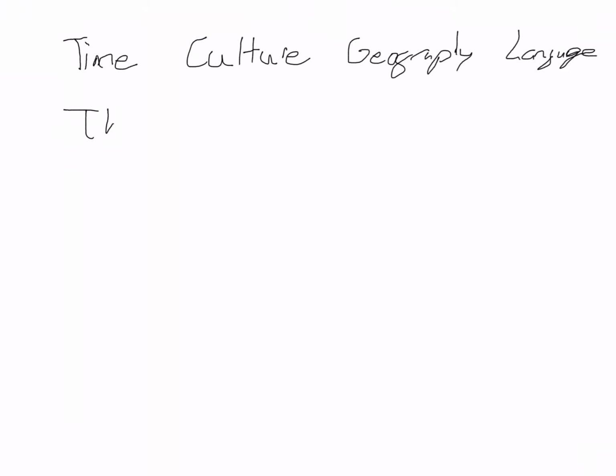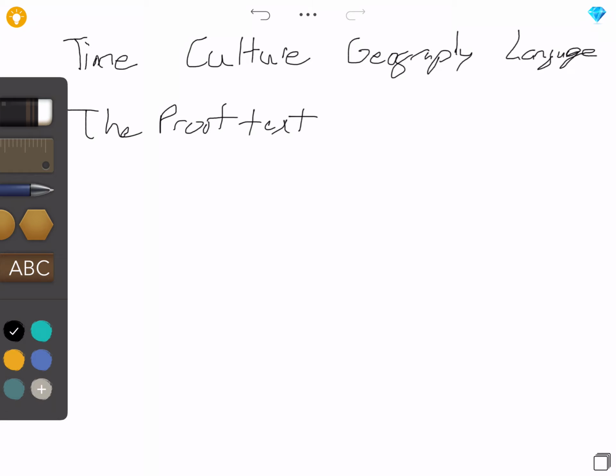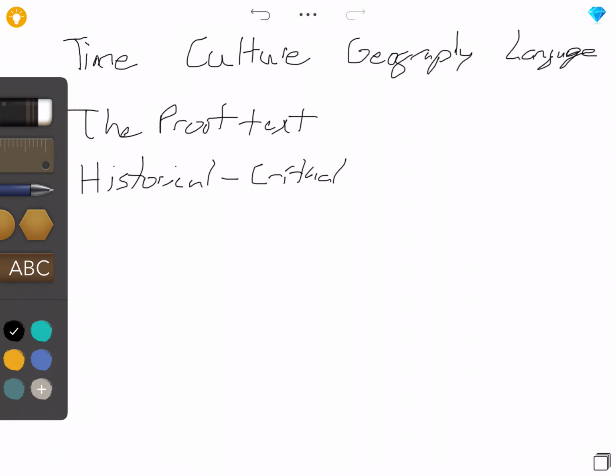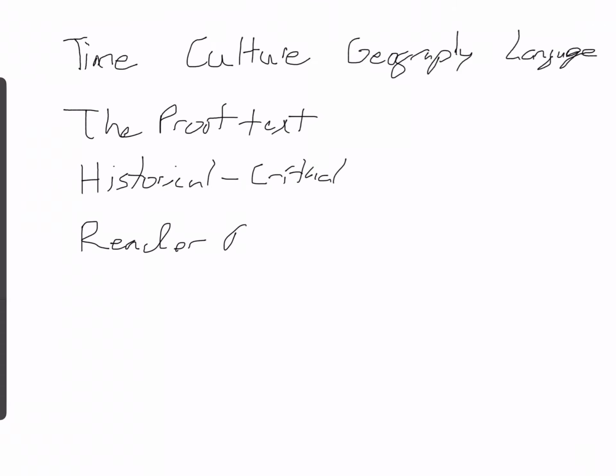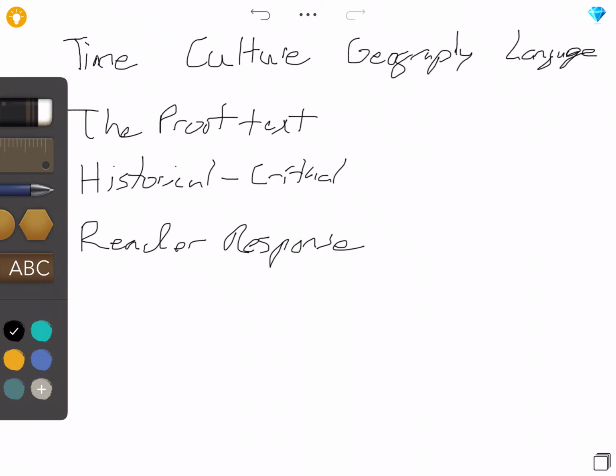So there's the proof text model, the historical critical model, the reader response model, and the syntactical theological model.